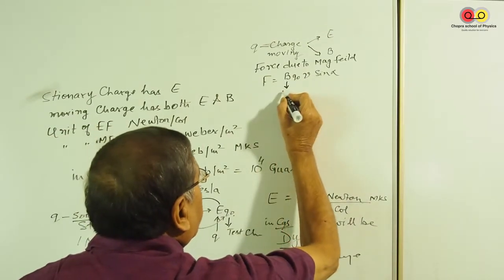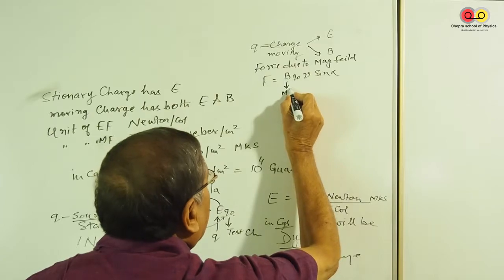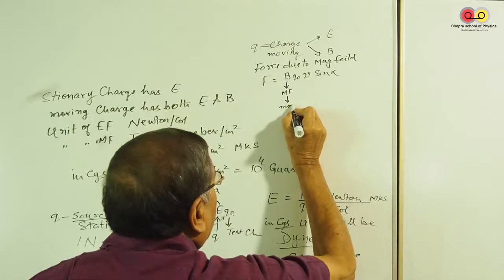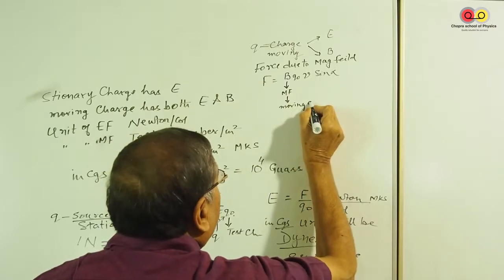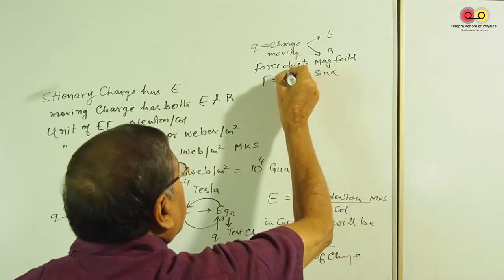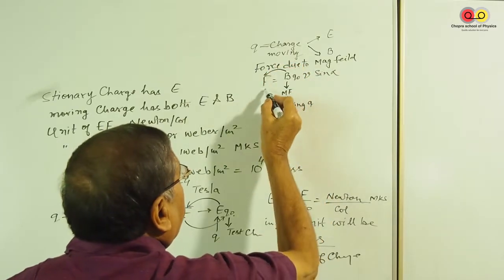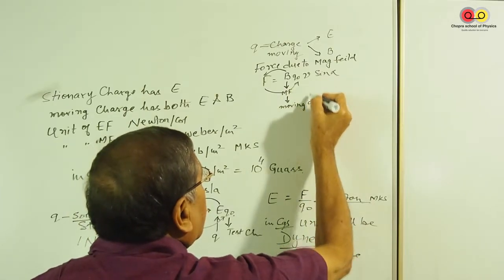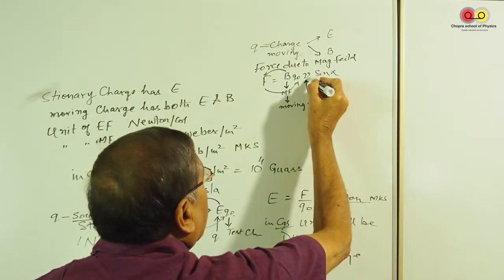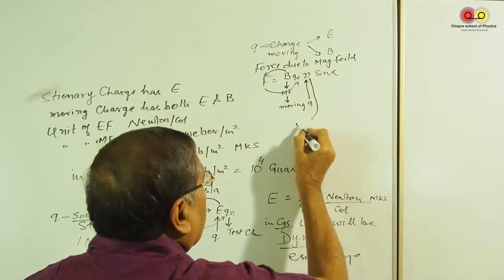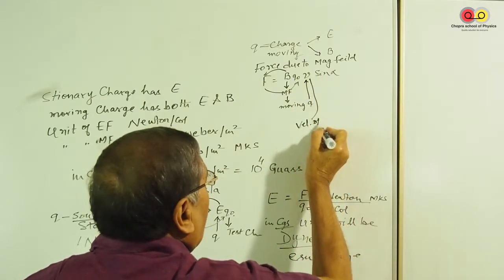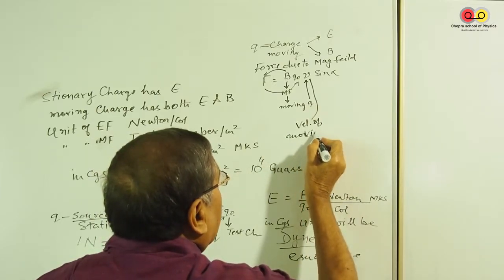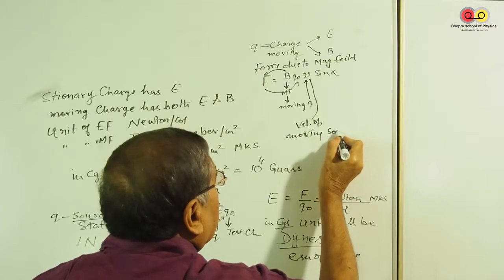Here B is the magnetic field generated by moving Q. B will exert force. Force will act on the test charge. And V is the velocity of the moving source charge.